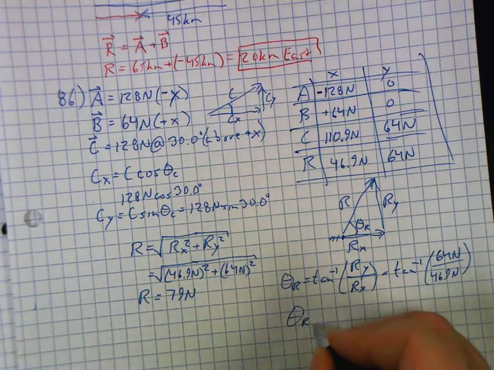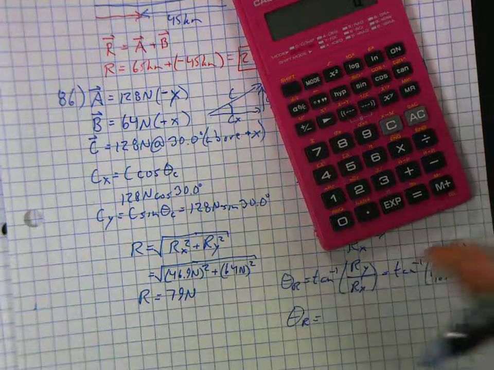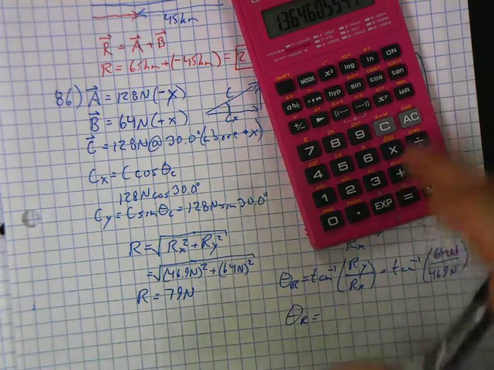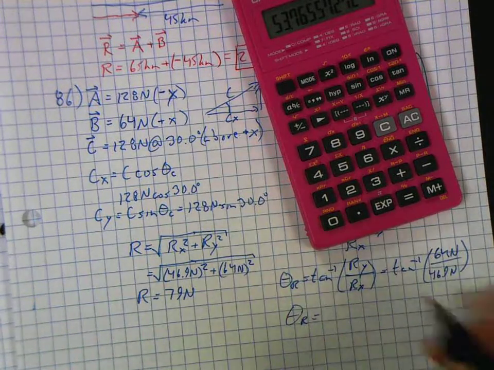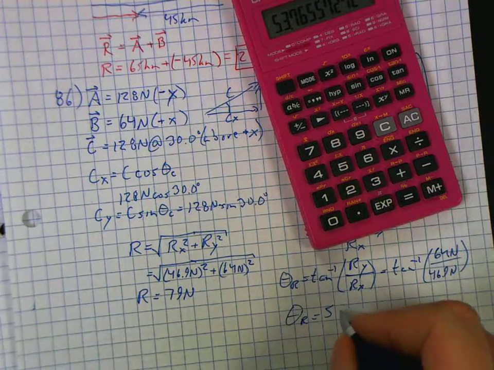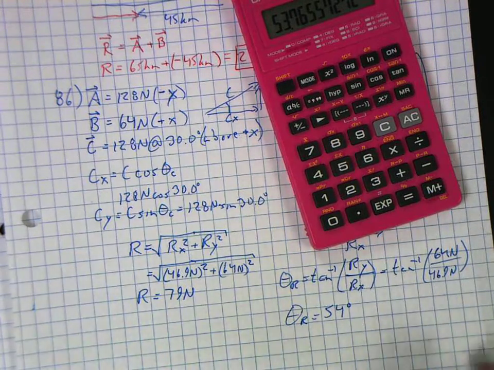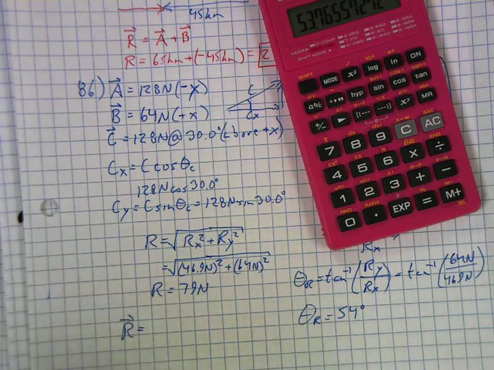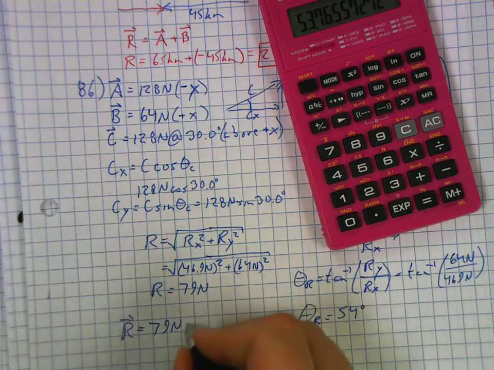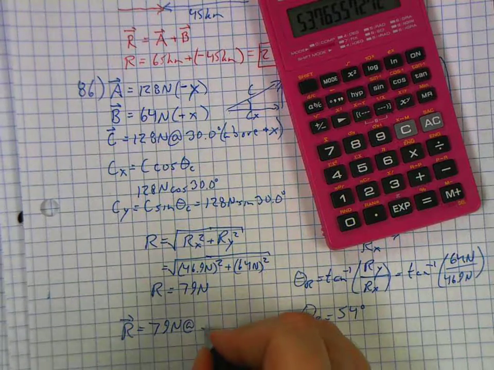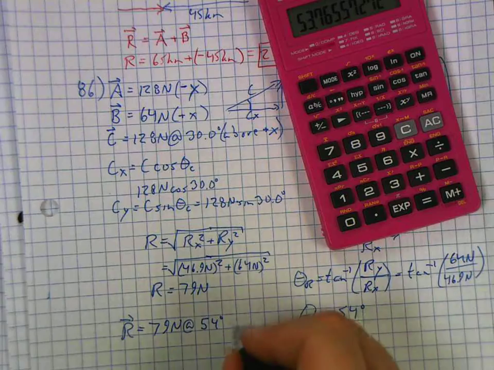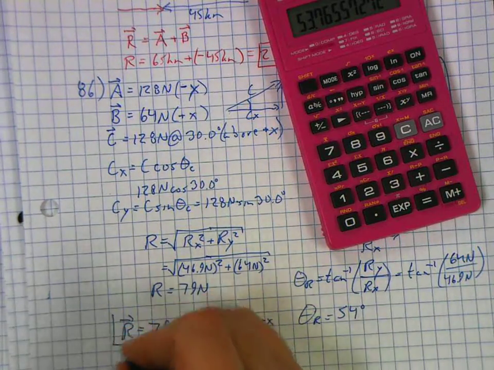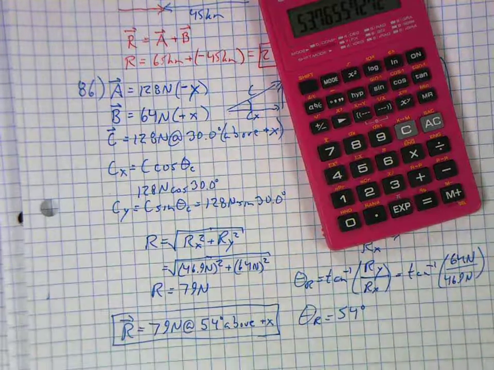And so my calculator spits out 64 divided by 46.9 equals, and then inverse tangent, 54 degrees. All right, so our final answer for R is that vector R is equal to 79 newtons found at an angle of 54 degrees above the positive x-axis. And that's our final answer.